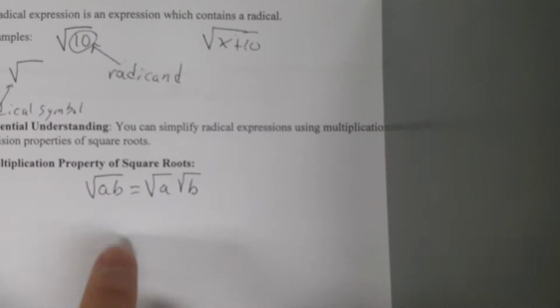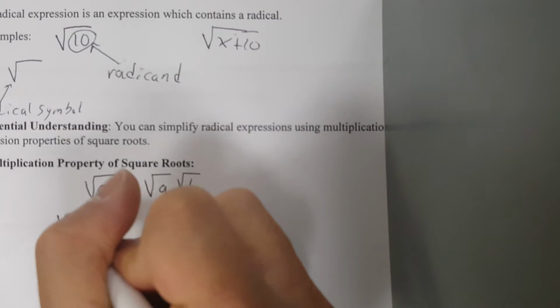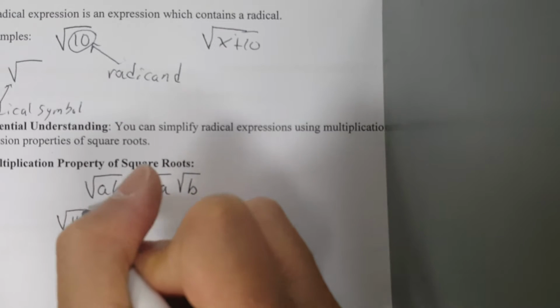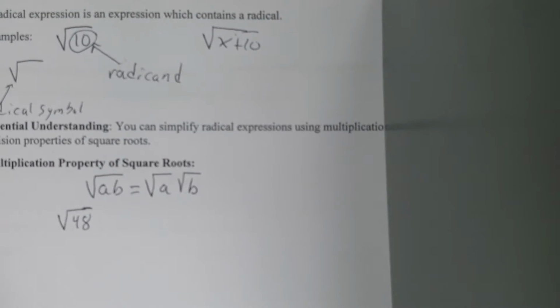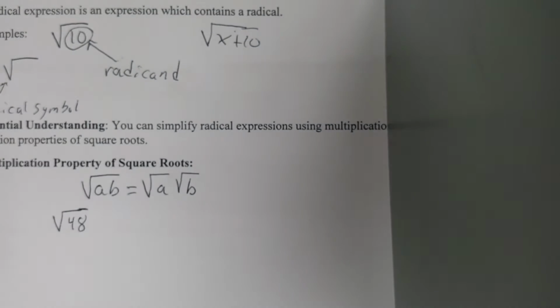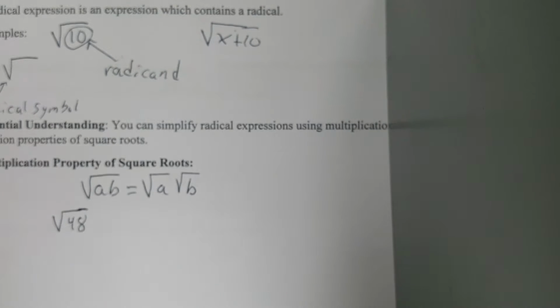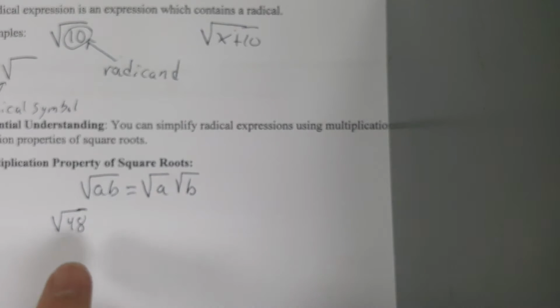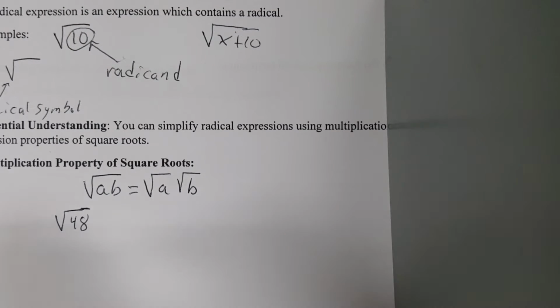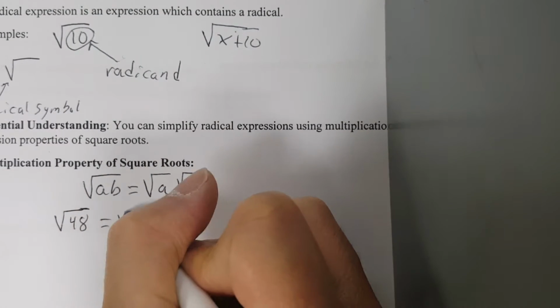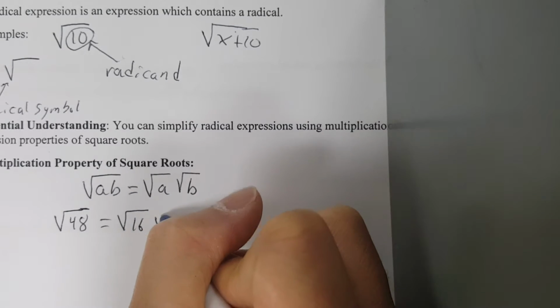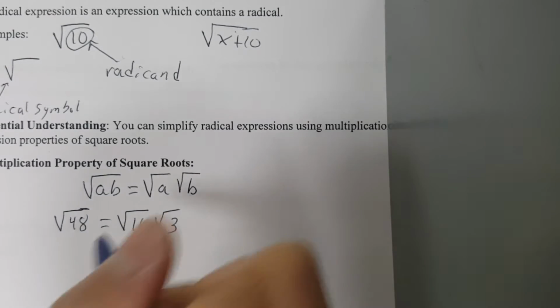Now, let's look at the number square root of 48. Now, one way that we could break up 48 is 16 times 3 is 48. So I could split up square root of 48 into the square root of 16 times the square root of 3.